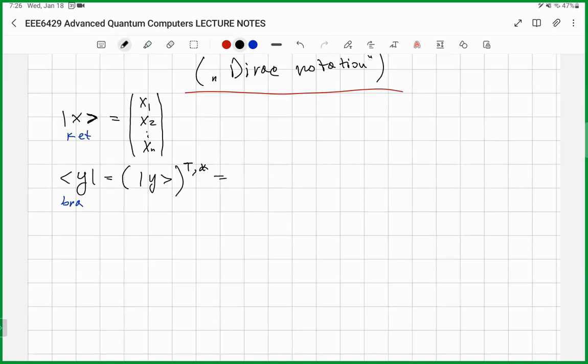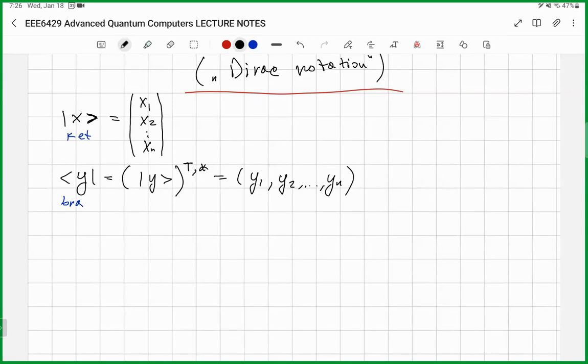As you can see, transposition changes the column into a row, right? So I write y1, y2, etc., yn. These are the components of the bra.